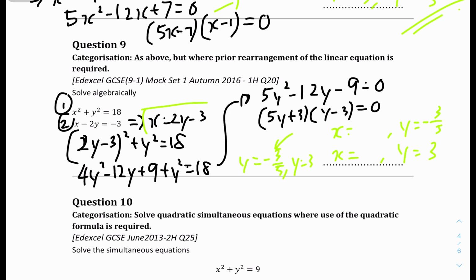For the first case, 2 times minus 3 over 5 minus 3 will get us x equals minus 21 over 5, like so. And for the second, 2 times 3 will get us 6, and 6 minus 3 is 3.